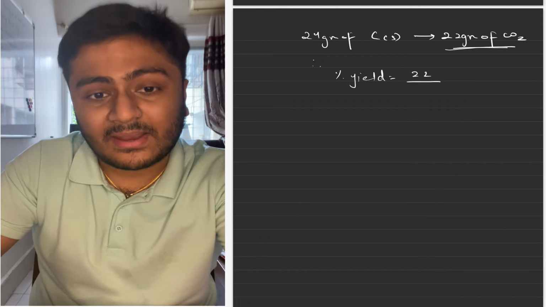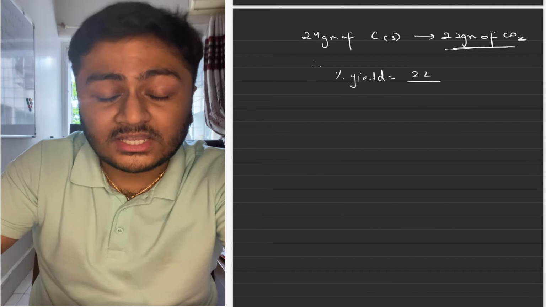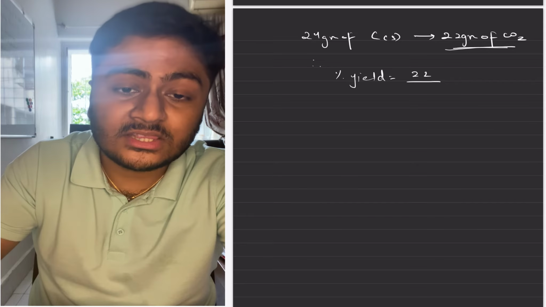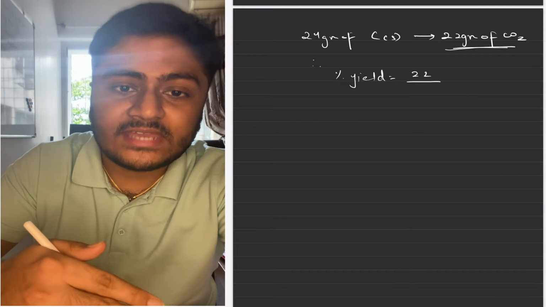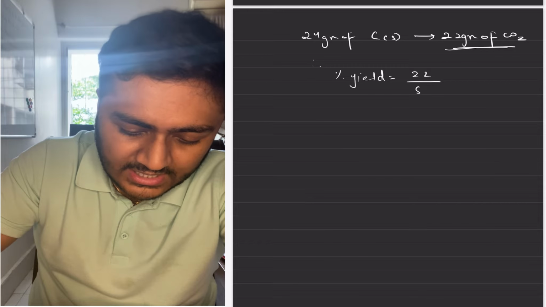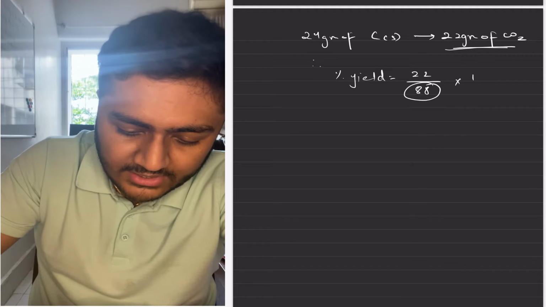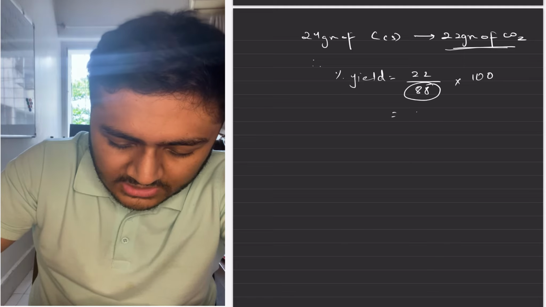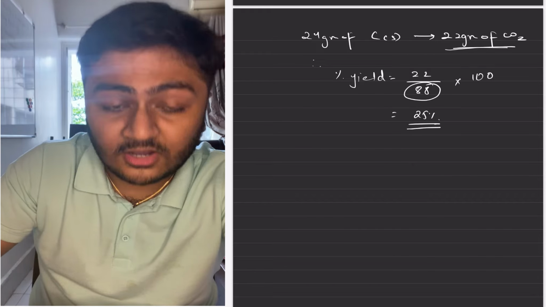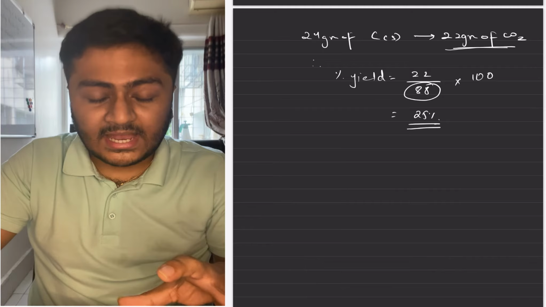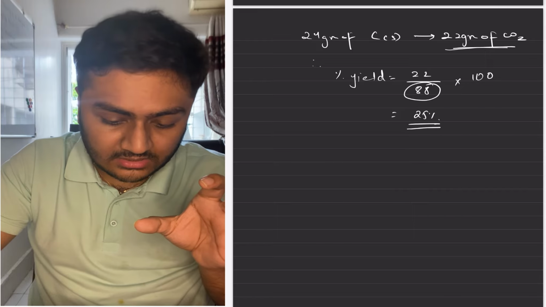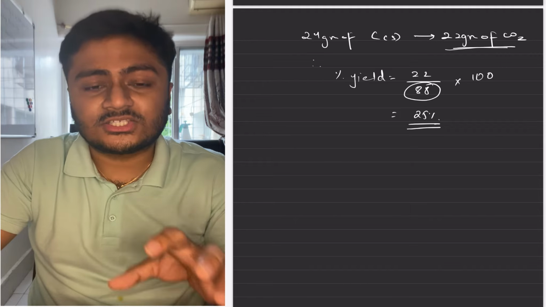The theoretical weight, or expected weight, is the weight you can calculate using the weight of one of the reactants. So 88 is the expected product, multiplied by 100. Therefore, it comes out to be 25%. Now you can see that the efficiency of this reaction is 25%.